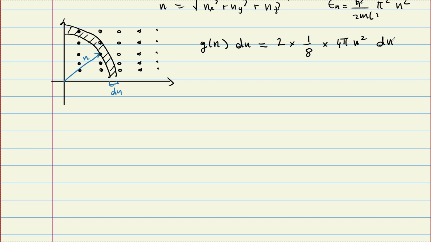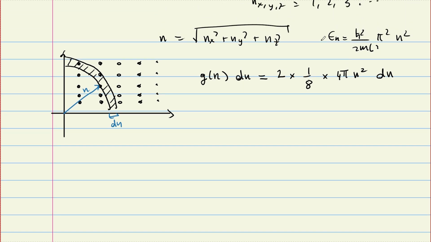Good. But exactly like in the black body radiation, we need to go from the n variable to the energy variable, and it is given here. So this is E, and if I take the derivative dE, I'm going to have 2n dn.